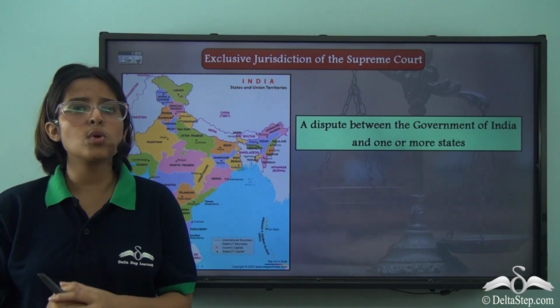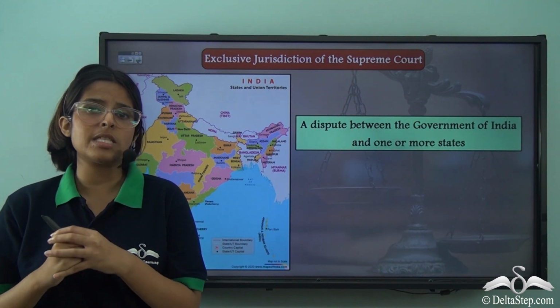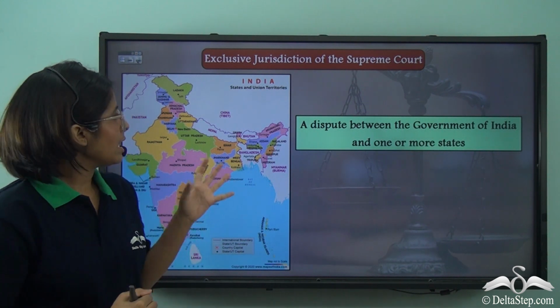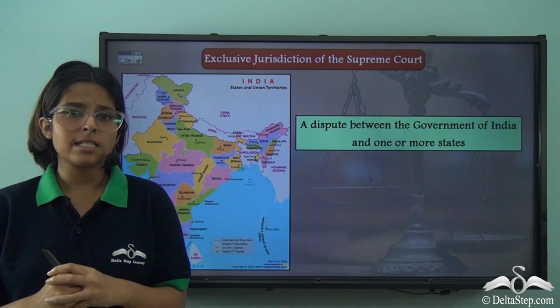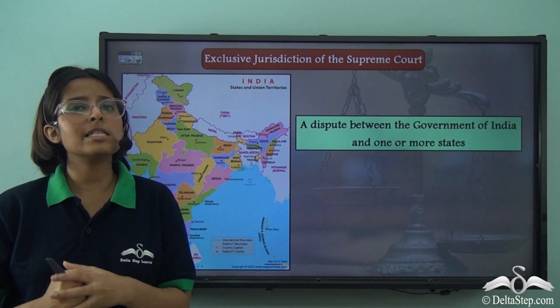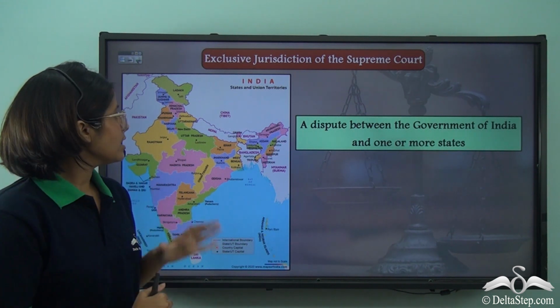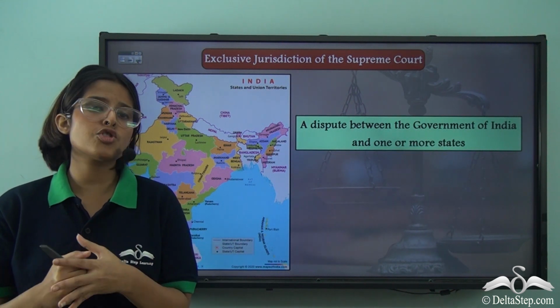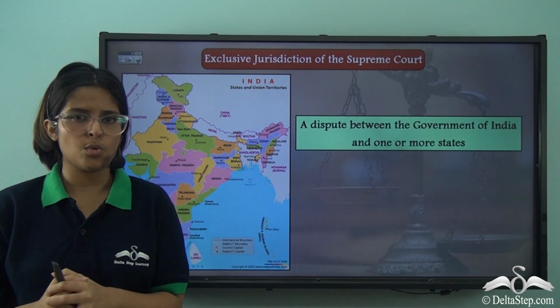But the Supreme Court is the only court in India which is there at a national level. So whenever there is a dispute in any part of India that concerns the central government, that is the union government, and the different state governments, then such cases go to the original jurisdiction of the Supreme Court.